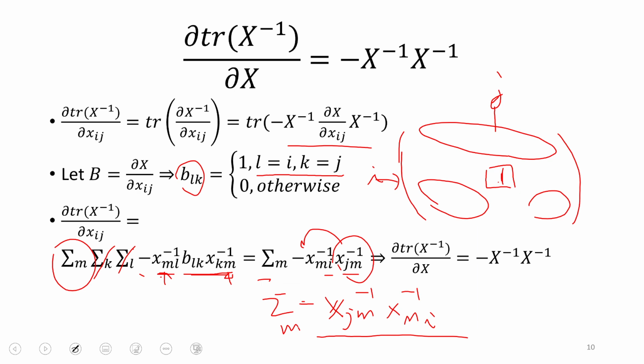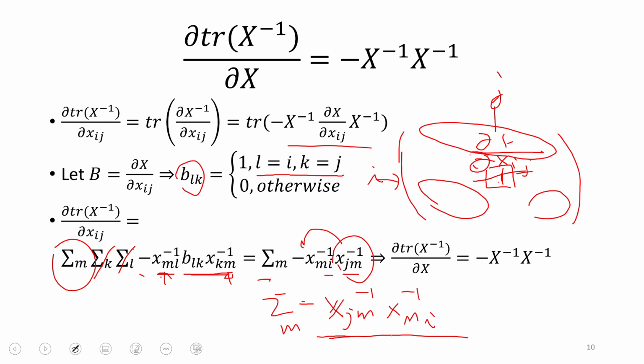Remember we defined the numerator layout. The partial derivative of the trace function with respect to xij is actually the ji-th element. So that exactly matches our numerator layout.